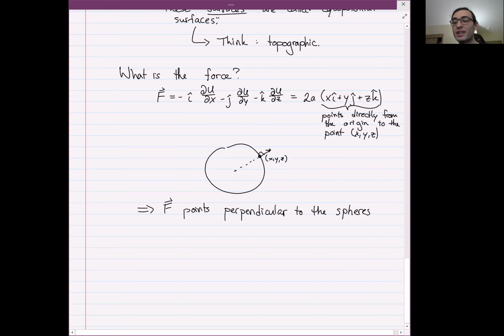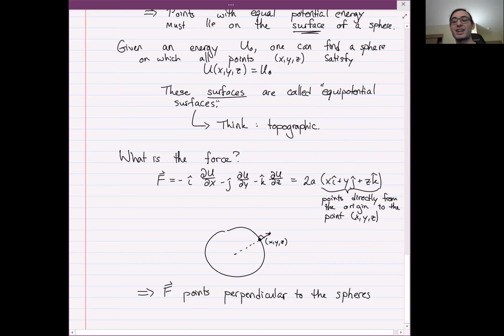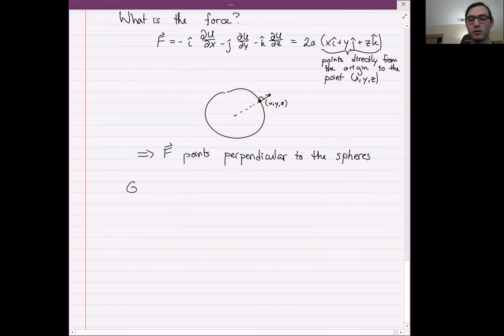In fact, everything that I've just described about potential energy functions generalizes nicely. Generally, a conservative force points perpendicularly to its equipotential surfaces.